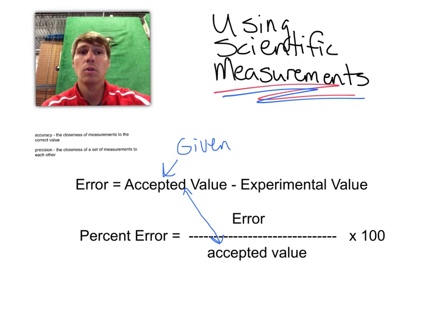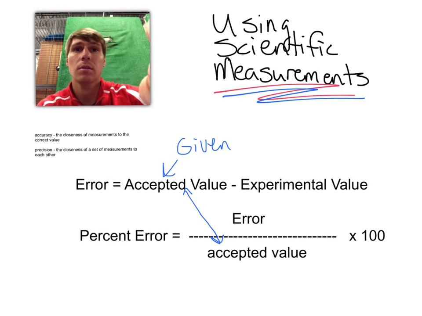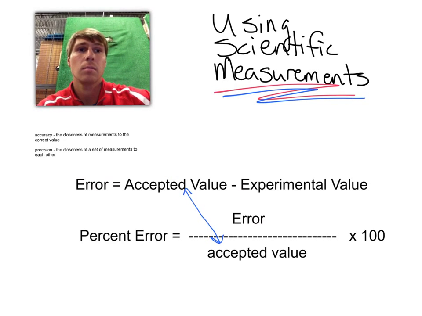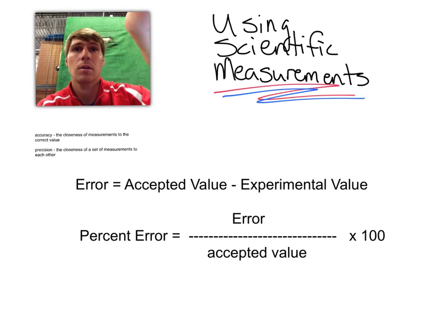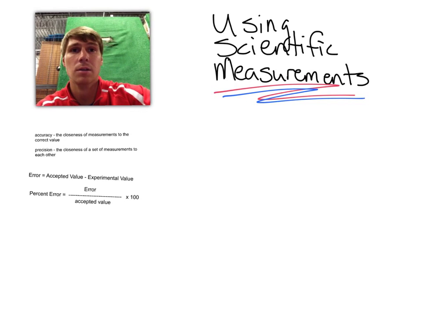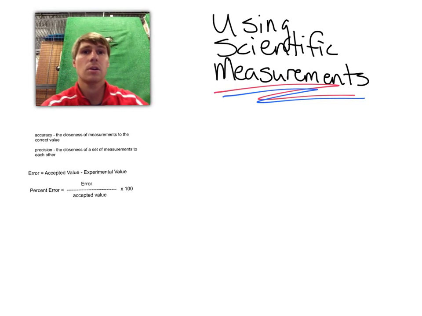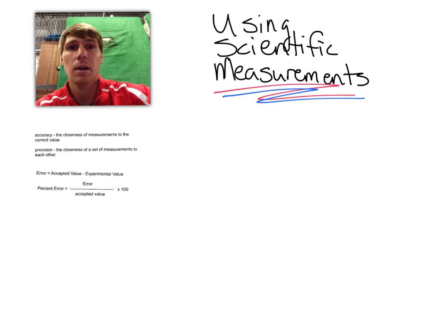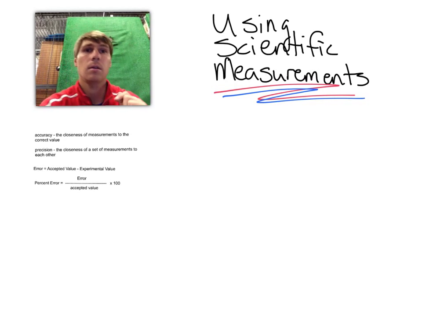And then multiply it times 100 to get a percent. So those are some other useful things that we're going to be using as we go. Alright, so things to keep in the back of your head, just in terms of definitions that we're going to use: we got accuracy, precision, error, and percent error, and what we want to spend the rest of it talking about is how do we get those things.